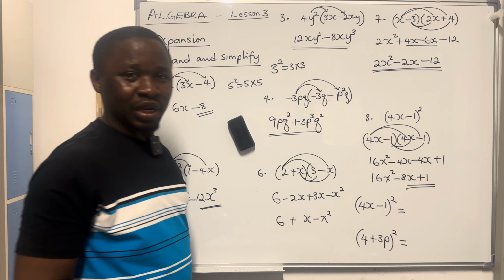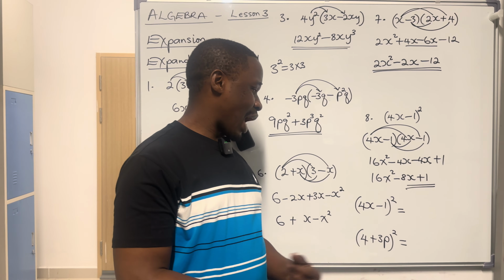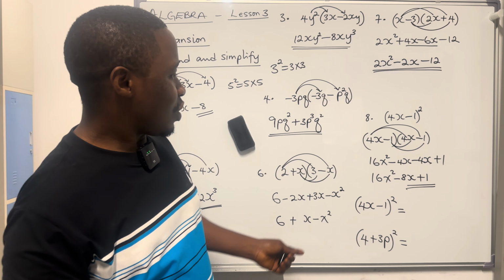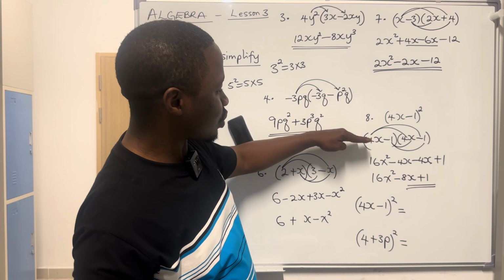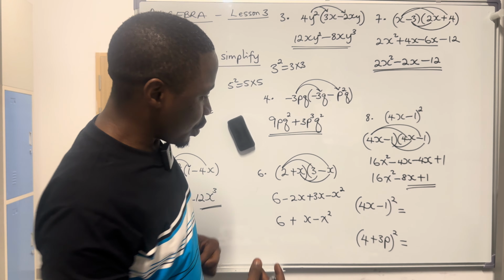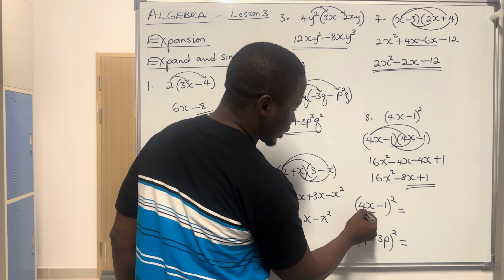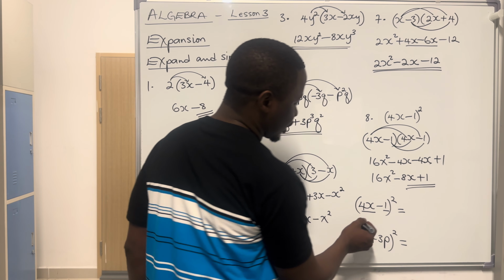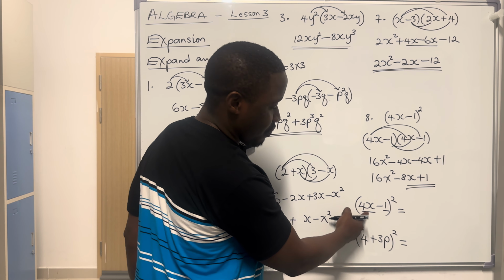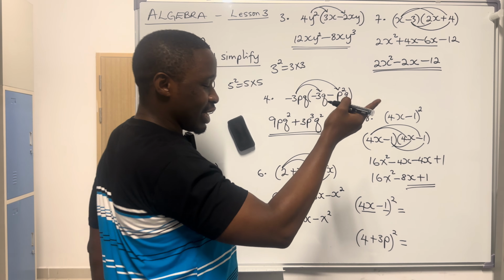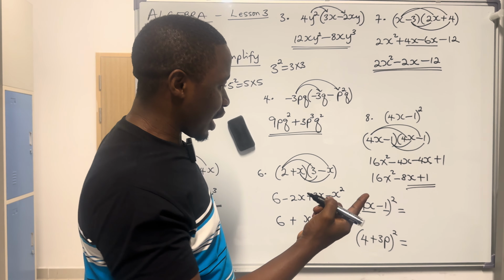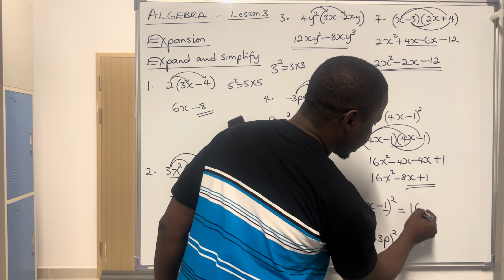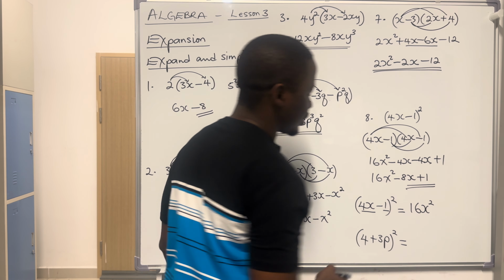Okay, so let's see how we apply a very simple way that we can avoid the three lines, 1, 2, 3. So what do we do? We square this. We also square this. If we square this, 4x squared is like 4x times 4x. What do we get? 16x squared.